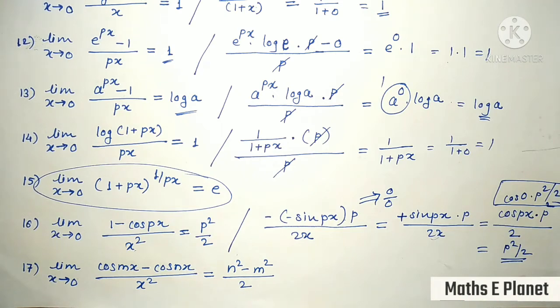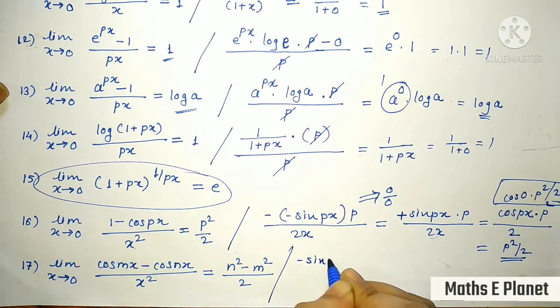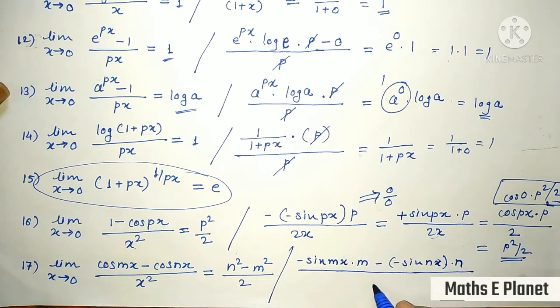So let's check how to find the answer. Take the differentiation of numerator and denominator again. The derivative of cos mx is minus sin mx into m by chain rule, minus the derivative of cos nx is minus sin nx into n, divided by the derivative of x square, which is 2x.